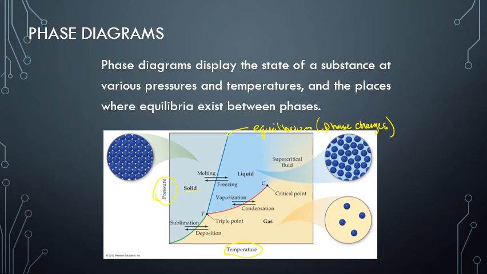This is the phase diagram for carbon dioxide. Just a little interesting fact: anytime you see a positive slope for the line between the solid and the liquid, that tells us that the density of the solid is greater than the liquid.